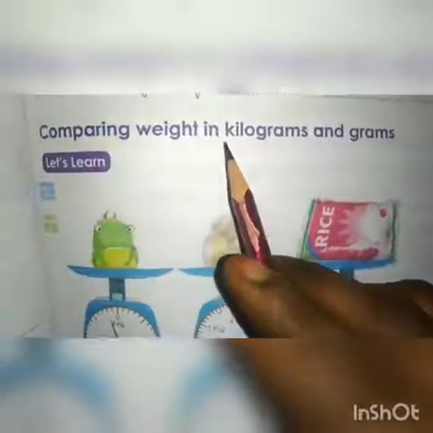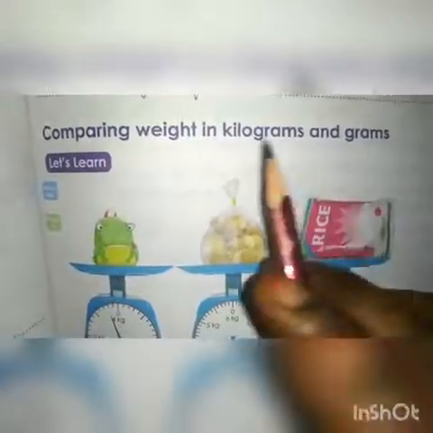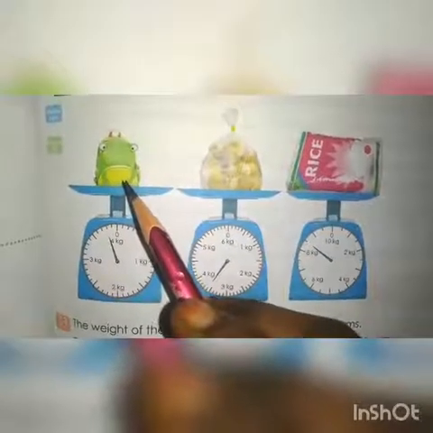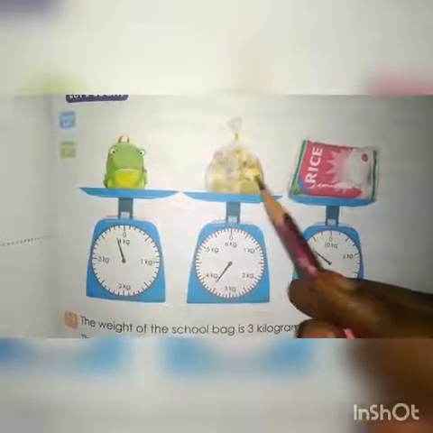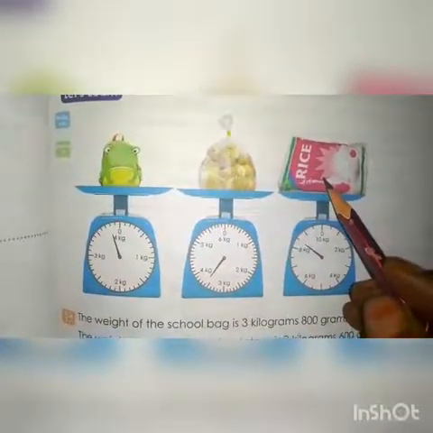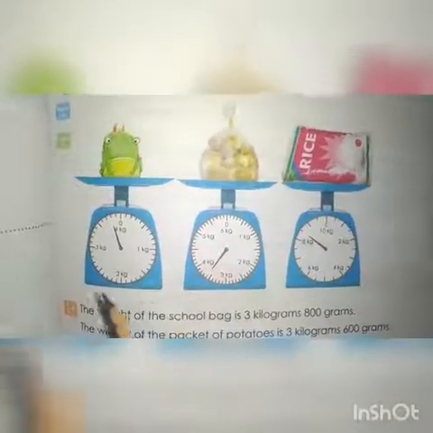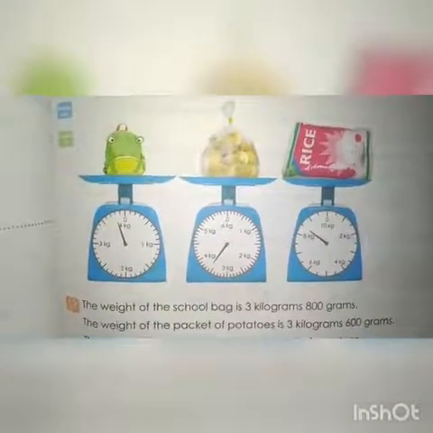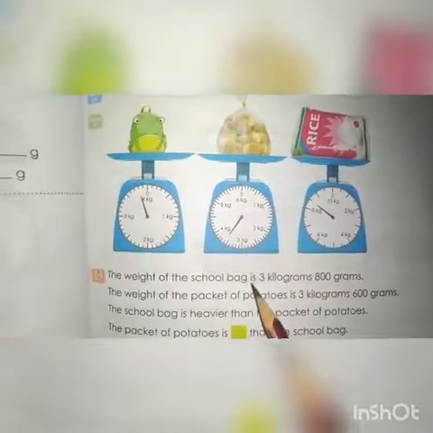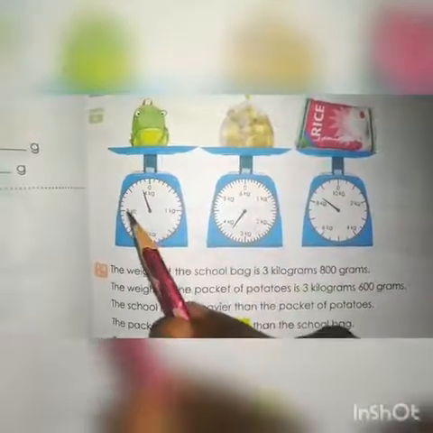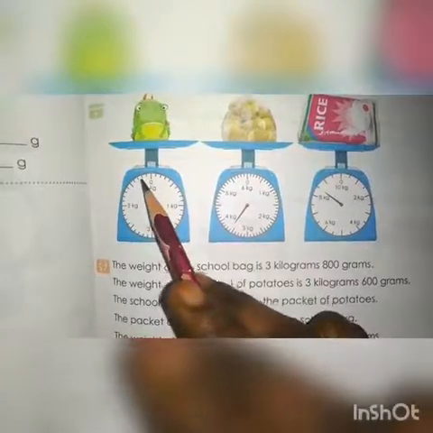Comparing weight in kilograms and grams. What are the weights present over here on the weight machine? School bag, packet of potatoes, sack of rice. We have to know what is the weight given for each object. The weight of the school bag is 3 kilogram 800 gram.